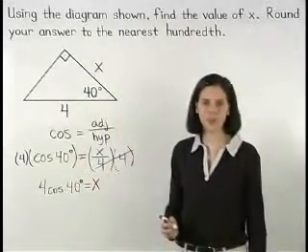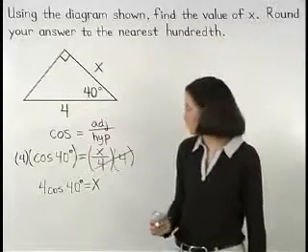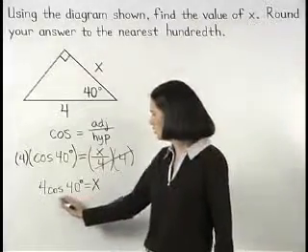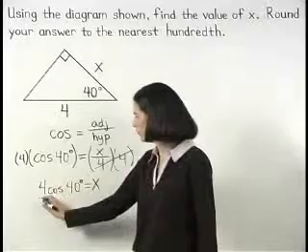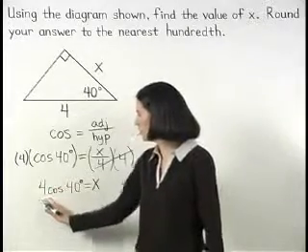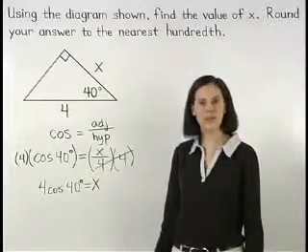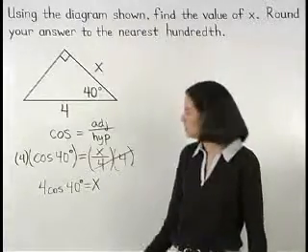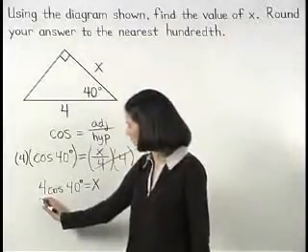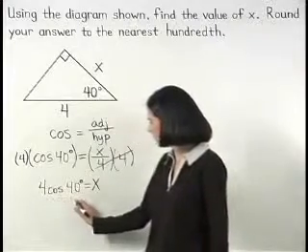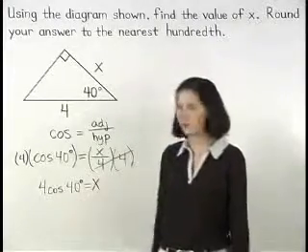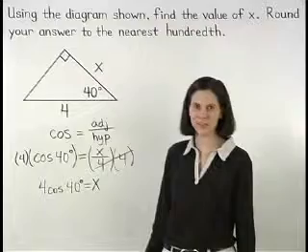Now, if you're using a scientific calculator, you'll type 40 cosine times 4 equals to find the value of x. And if you're using a graphing calculator, you'll type 4 times cosine 40, enter, to find the value of x.